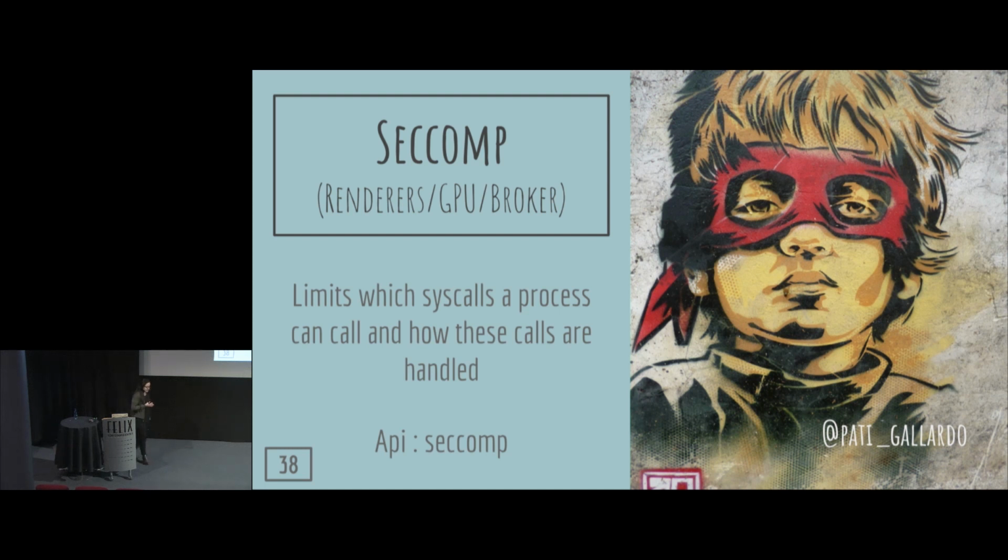Seccomp BPF. The BPF part is called Berkeley Packet Filter. And it was actually made a long time ago to filter TCP packets. So this is a language where you basically write a program and you install this program in the kernel. And the kernel has this like tiny little virtual machine running this program.